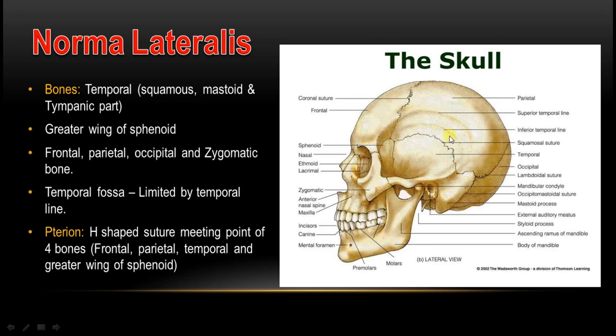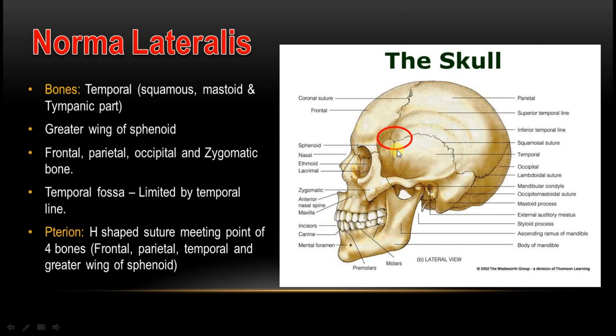Then here, like asterion, more important than the asterion is the pterion, which is the meeting point of four bones. That is your parietal bone, greater wing of sphenoid, frontal bone, and the squamous part of temporal bone. It's an H-shaped suture, which is actually called the pterion. So deep to the pterion, you have the anterior division of the middle meningeal vessels.